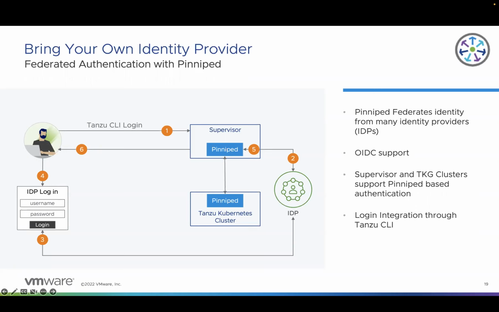The user will provide their credentials, and the successful authentication to the identity provider is returned to Pinniped, and Tanzu CLI will build a kubeconfig file needed to access the supervisor or the Tanzu Kubernetes cluster, whatever you're authenticating to, and as long as you have the relevant permissions. So that's just a sample flow of how you would authenticate using Pinniped integration.